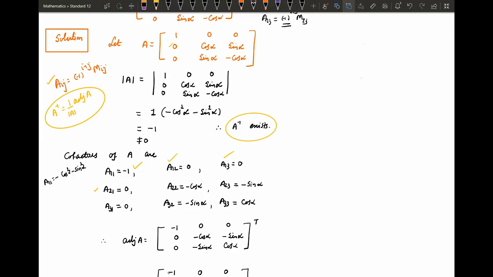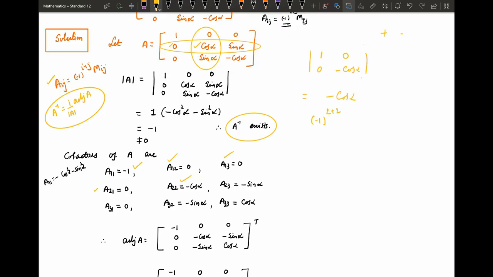Now A22, the cofactor of this cos alpha. Again we have to omit the column and row in which that entry lies. The determinant formed by the remaining entries is 1 0, 0 minus cos alpha. So the value is minus cos alpha. And the sign for A22 is minus 1 raised to 2 plus 2, which is plus.